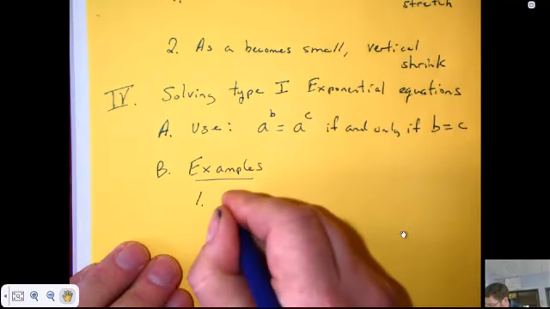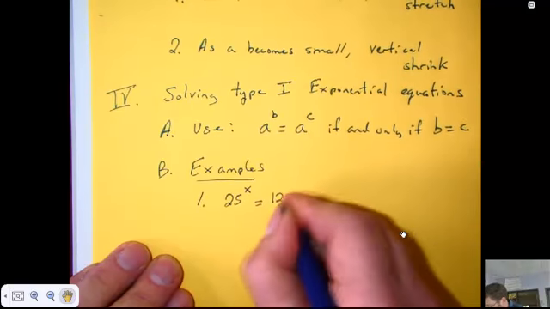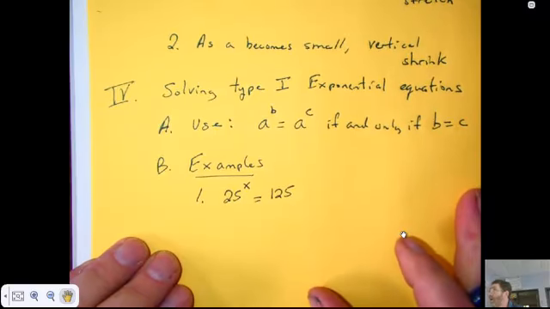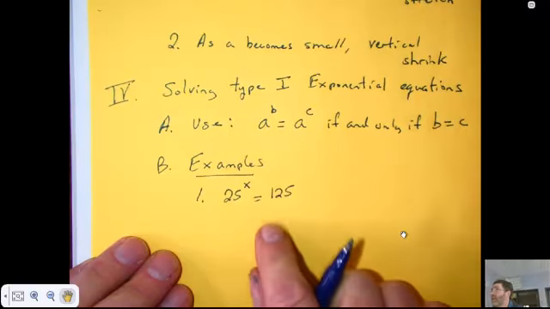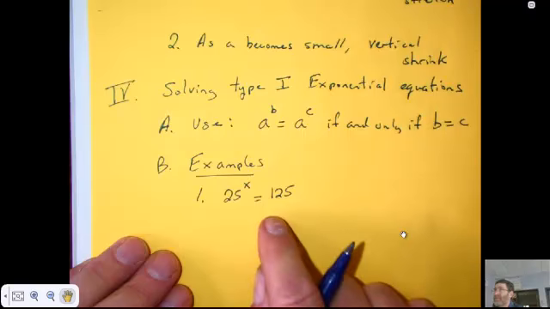Well, first one, 25 to the x is 125. Initially this is maybe not quite as obvious because I don't have the same base on these. But, of course, you ask yourself, can I write these as the same base?